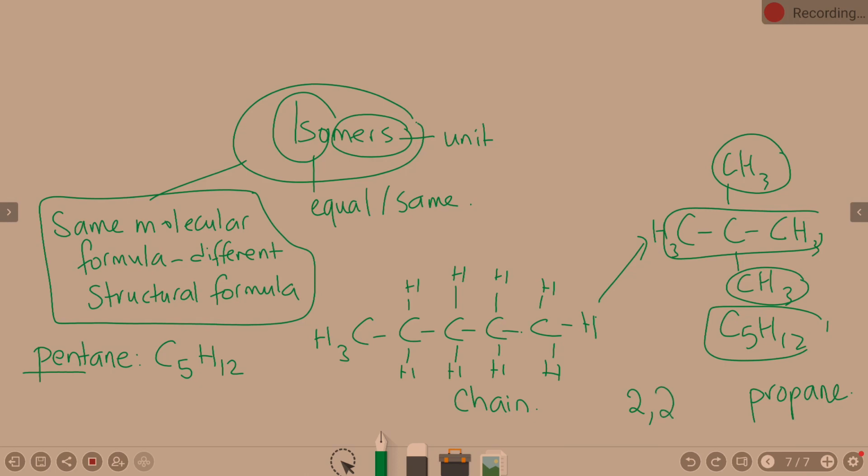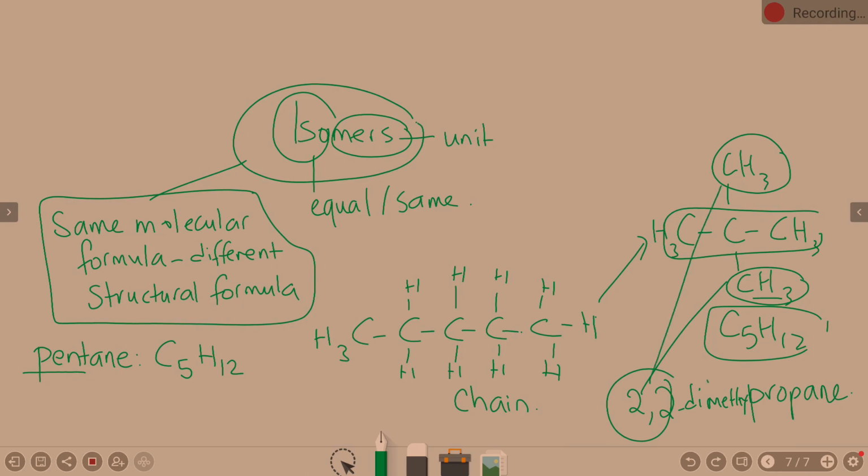So I write 2, comma 2, dash. How many of them do you see? 2. And what's the prefix for 2? Prefix for 2 is di. And what are they? Methyl.